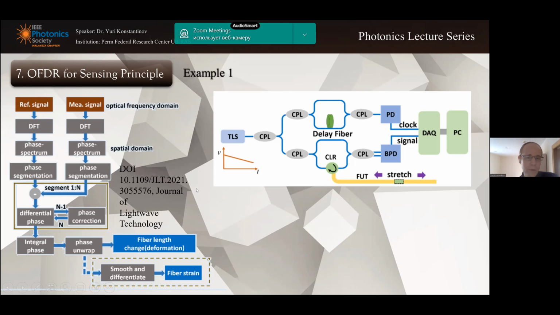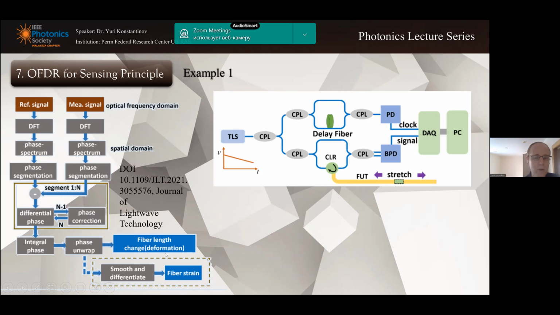After that, the authors of this publication provide their own procedure. You can read about this procedure more using this link in their publications. They do so-called segmentation of phase or phase correction. After that, they take the integral phase and provide the phase on ROP. And after that, they convert it to fiber length change.